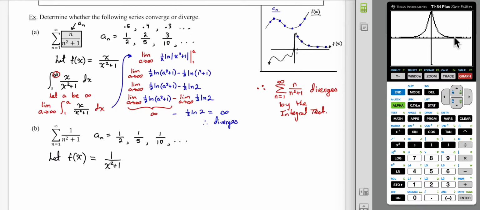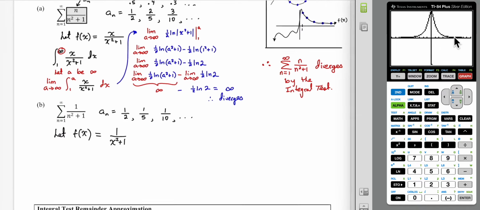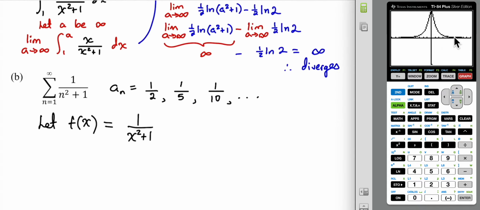So we're in good shape. All right, so I'm going to find the integral over the interval of 1 to infinity of 1 over x squared plus 1 dx. All right, and again, we're going to let a be the infinity. Copy paste is a beautiful thing.